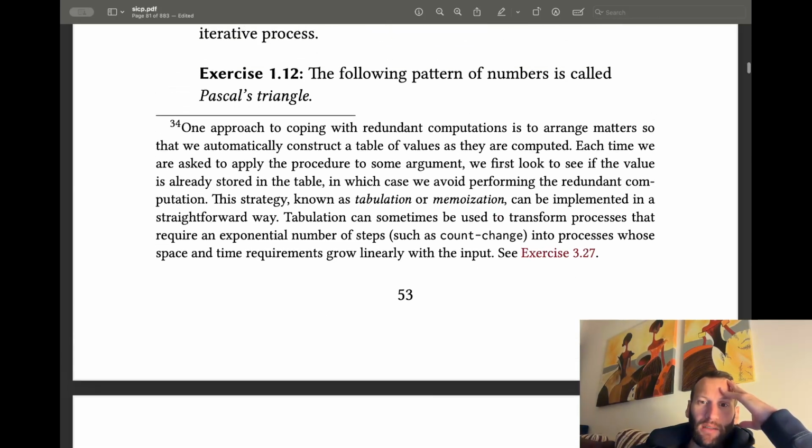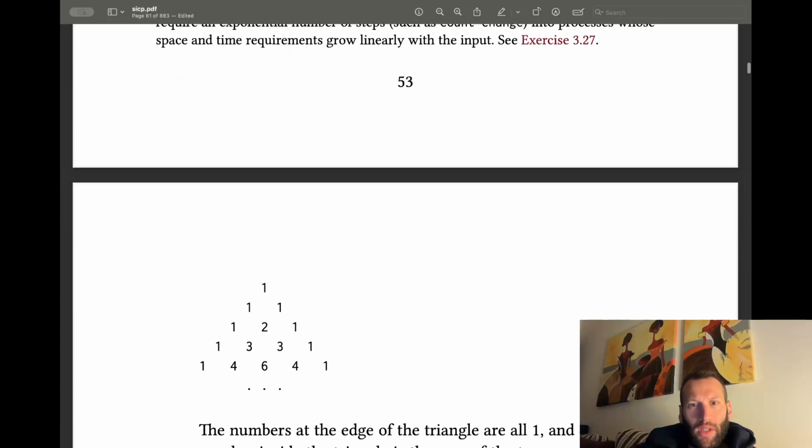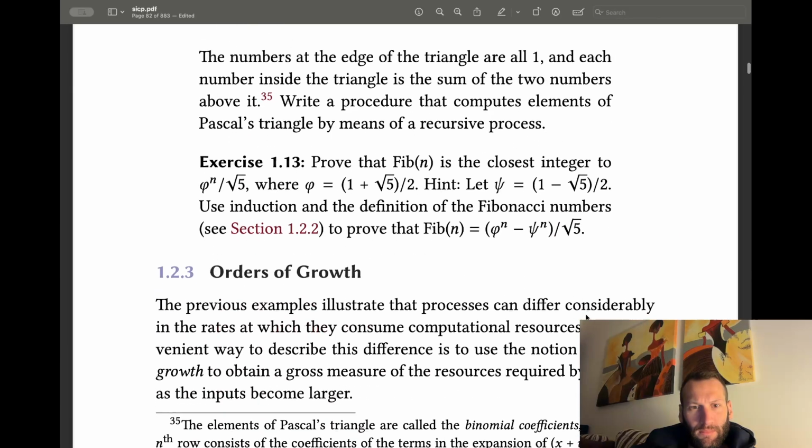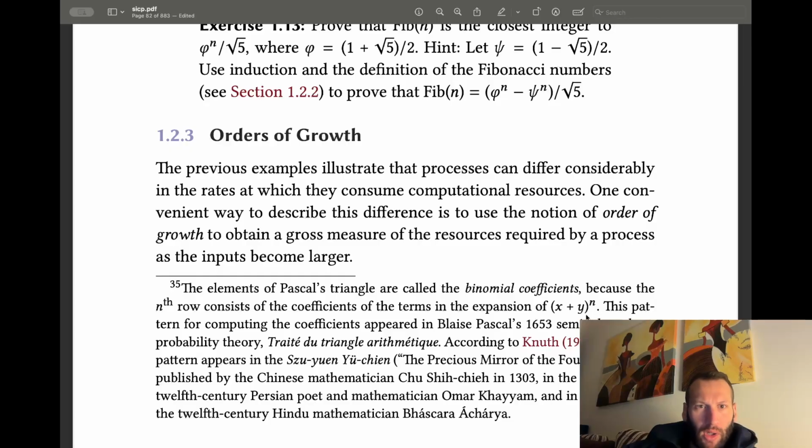This is still a lot of theory. Orders of growth. The previous examples illustrate that processes can differ considerably in the rates at which they consume computational resources.